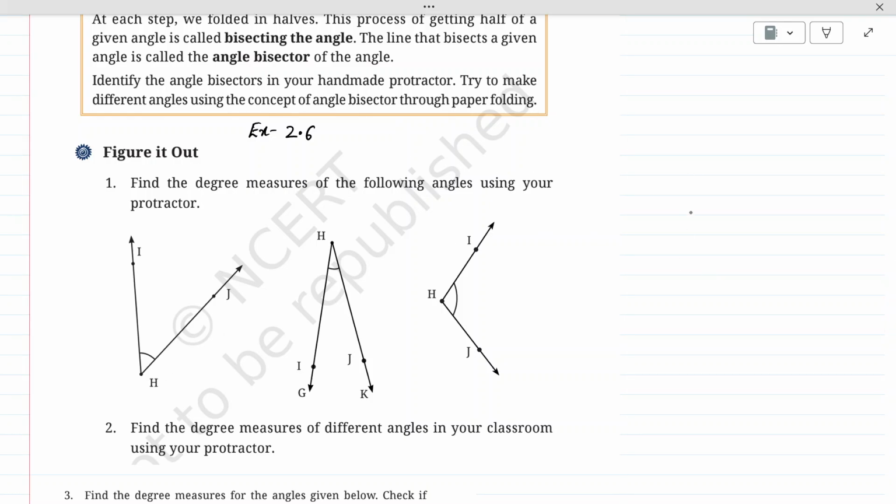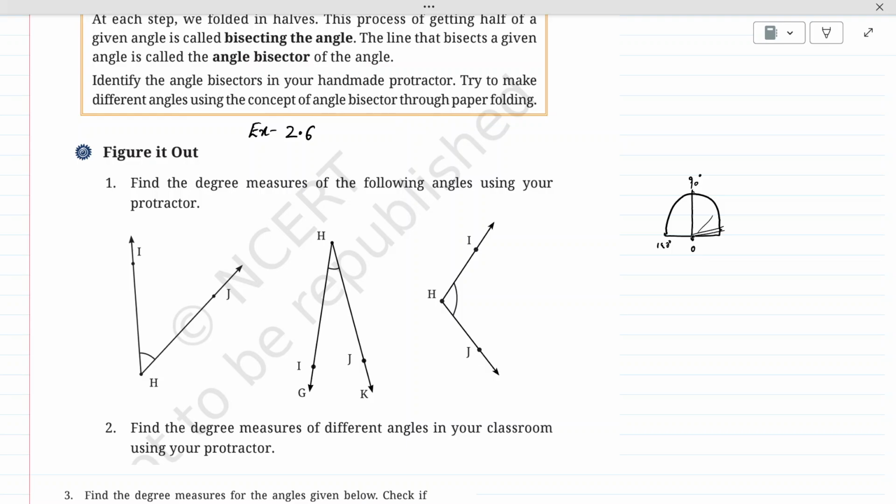Whenever your protractor is like this, I'm just making it. It has one center, this 0, and this is the 180-degree line, and it has lines to it. This one is the 90-degree line.